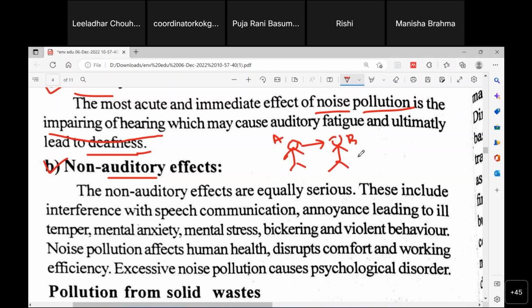Whenever we are in a busy market or in city traffic, we have to shout at the top of our voice to each other, then only we can communicate. That is how noise interferes with communication, and it is annoying for us, annoyance leading to ill temper.